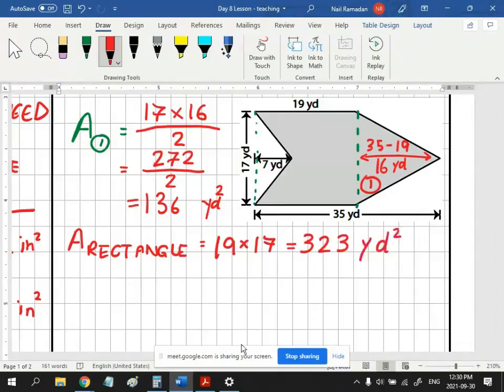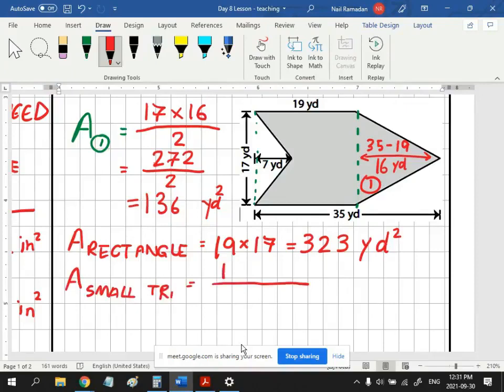Now what? What's the last thing I need? No, I'm not done. There's still one shape. I need to find the back triangle. So A, let's call it small tri, equals. What's the base of that small triangle? Yeah, 17.